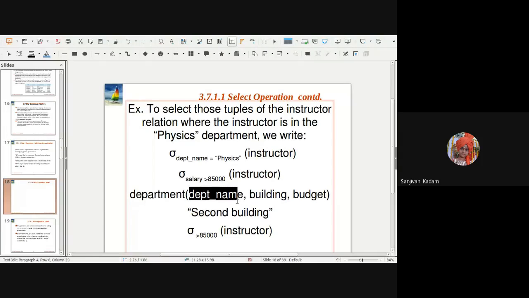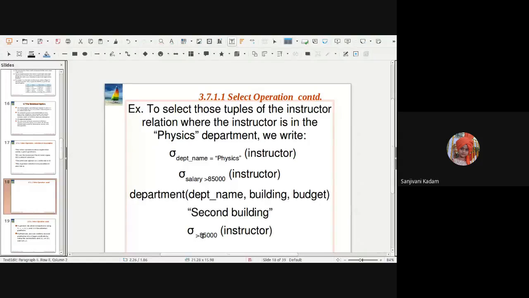My question was to list those departments which are in the second building. Can the value second building be applied to the department name? No, because department names are things like civil engineering or physics, whatever departments we have. The building attribute can take the value second building.